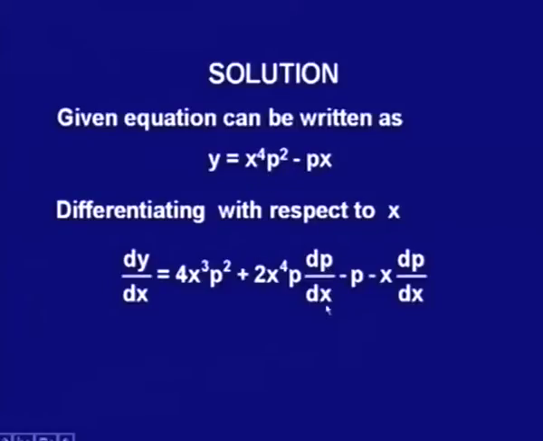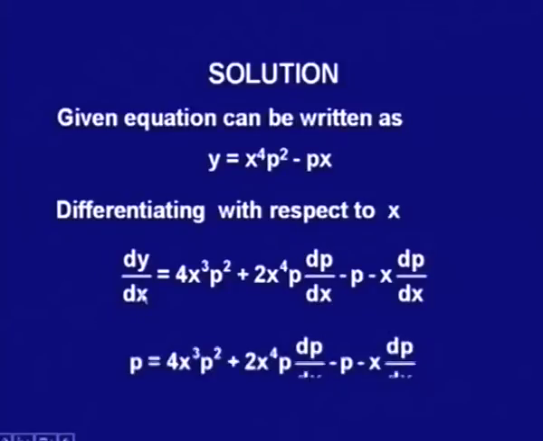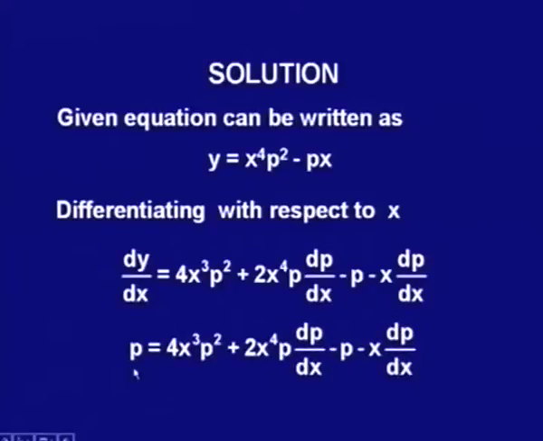So, we will write it as dp over dx. Similarly, for the second term, minus p minus x times dp over dx. Now, dy over dx is nothing but p. So, we rewrite it again and we get that p is equal to 4x cube p square plus 2x to the power 4 p dp over dx minus p minus x dp over dx.